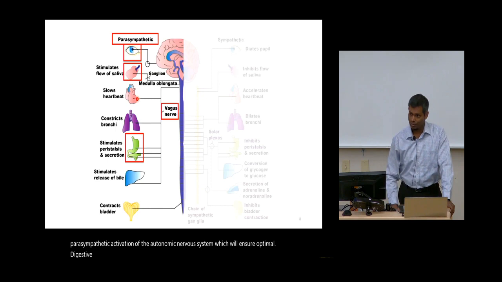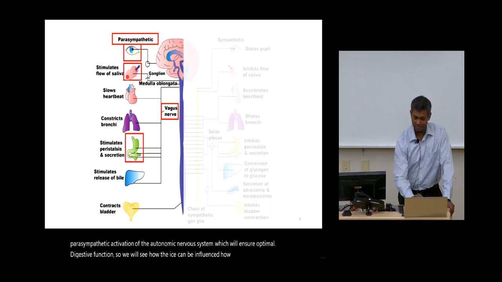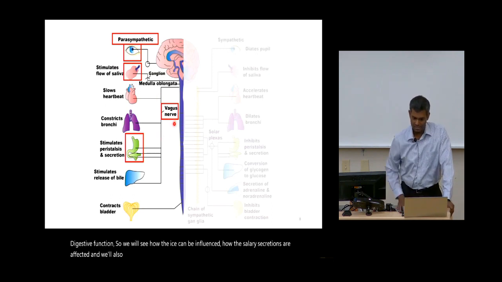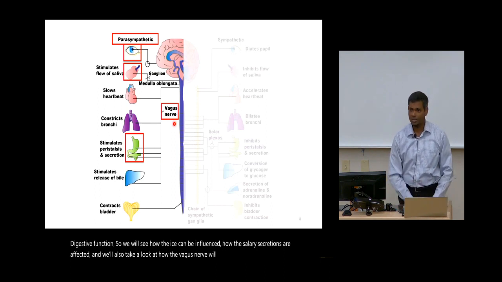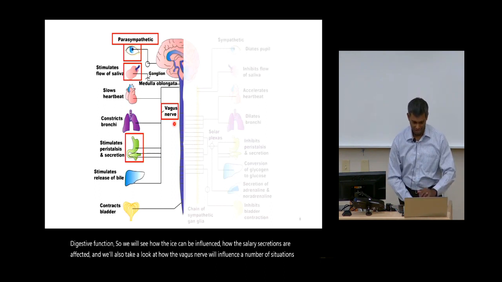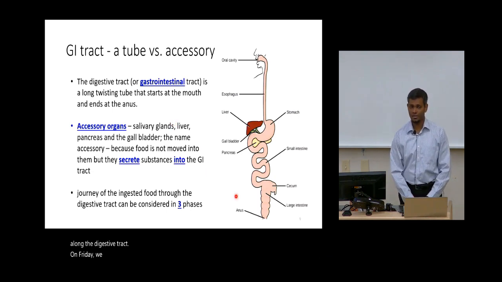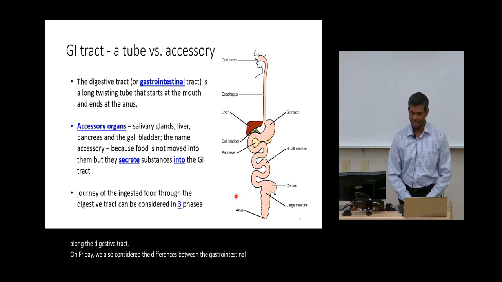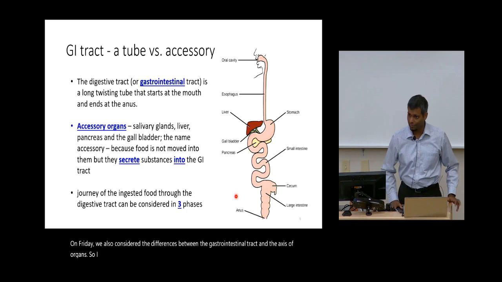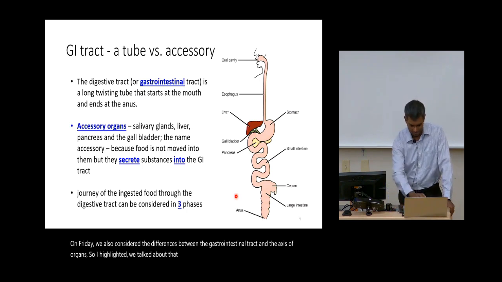So we will see how the eyes can be influenced, how the salivary secretions are affected, and we'll also take a look at how the vagus nerve will influence a number of secretions along the digestive tract. On Friday we also considered the differences between the gastrointestinal tract and the accessory organs. So I highlighted, we talked about that as well on Friday.